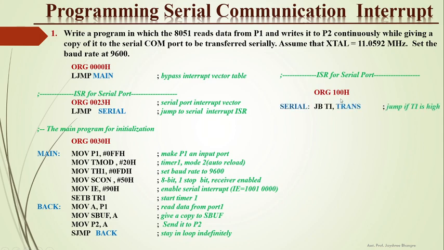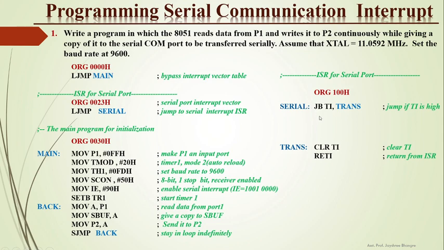So here, what will it do? It will monitor the TI flag. It checks whether this TI is raised or not. If the TI flag is 1, jump to the location trans, where we have to clear this TI flag to send the next character and return from the subroutine.